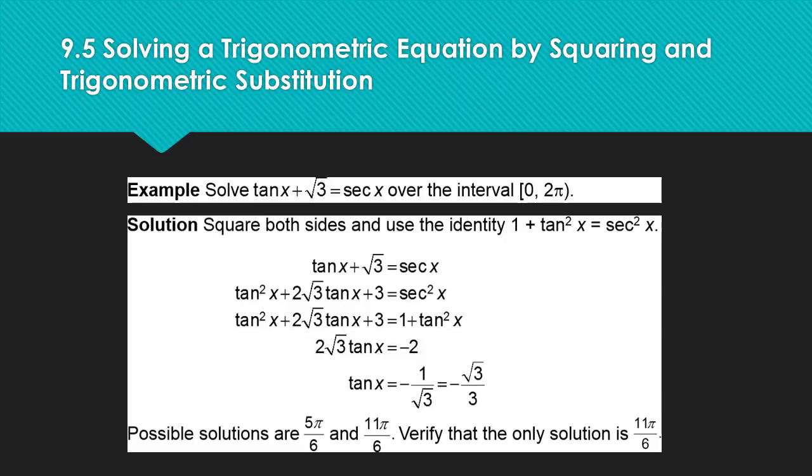So it's going to be 5 pi over 6 or 11 pi over 6. And then what you do need to do is go back and check those and make sure they work. Because we did do quite a bit of changing, and you can get extraneous solutions with this. When you go back and put the numbers in, the only one that works is 11 pi over 6.